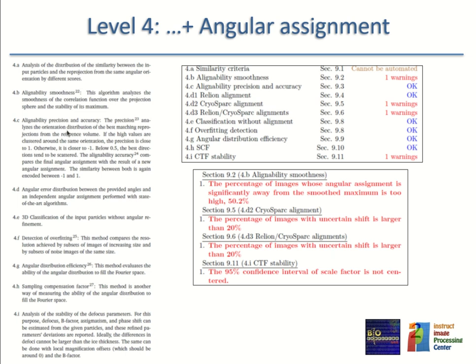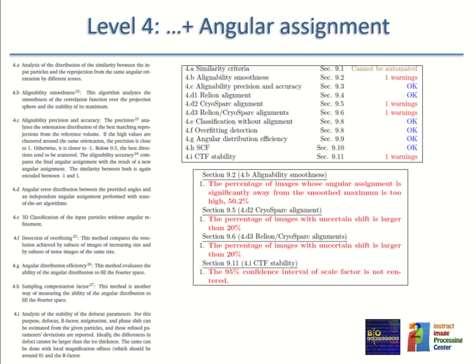Then we can also make a state-of-the-art angular assignment, so we can rely on CryoSPARC in these reports, but you can now use also Xmipp or whatever, and we can check whether the newly assigned angles are similar to the ones that you have given. We can detect overfitting.